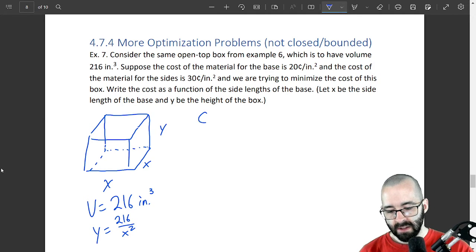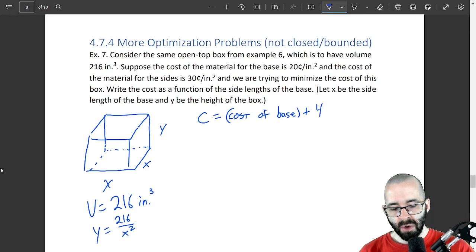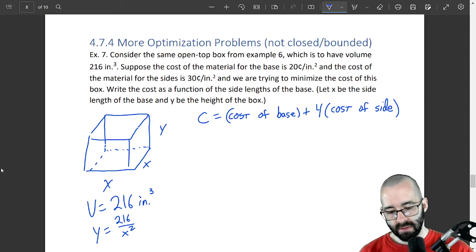Well, the cost is just going to be the cost of the base plus 4 times the cost of one panel. The cost of the base is the area of the base times its cost, 20 cents. Let's have cost in dollars.